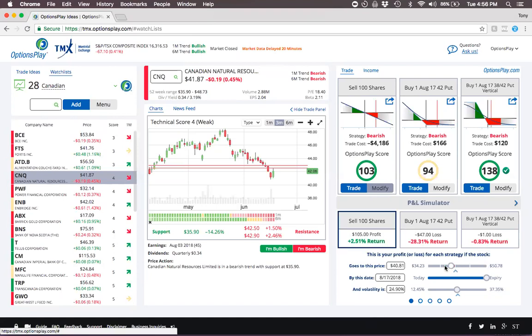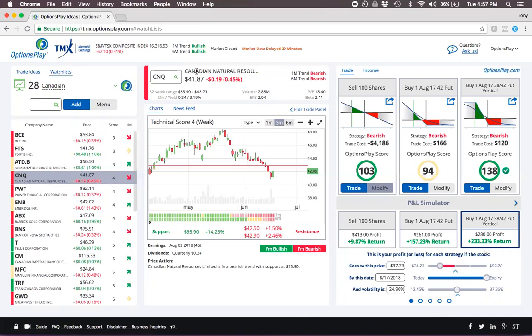And if you're correct, you're typically making a much higher return on your capital versus shorting or buying the stock. As you can see, instead of a 10% return, you're looking at a 233% return. So these are the types of risk profiles you would typically get when using these strategies to trade the directional views that you can quickly leverage using our tool.